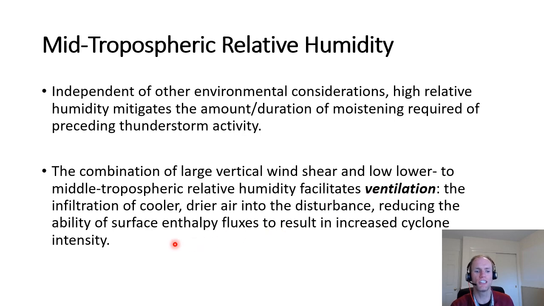And it reduces the ability of those surface enthalpy fluxes, those surface heat and moisture fluxes, to increase the intensity of the cyclone. They have to go in, at least temporarily, to rewarming the near surface air before you can then pick up where you left off and try to intensify the tropical disturbance or tropical cyclone from there.